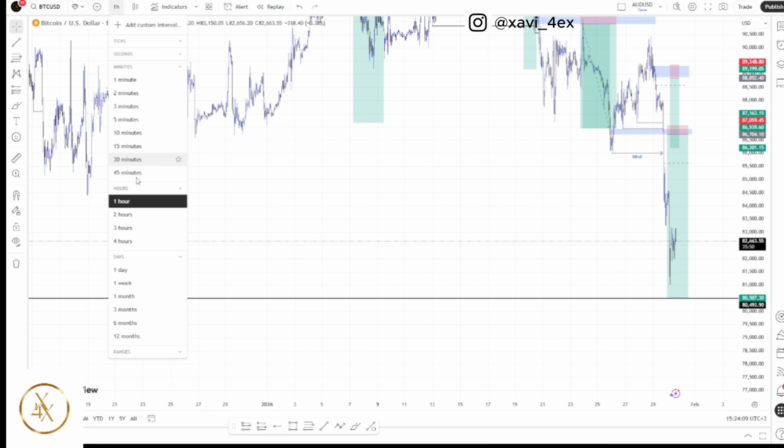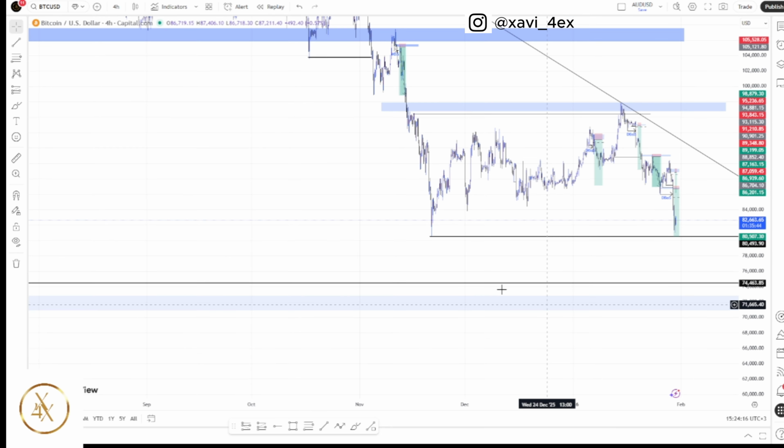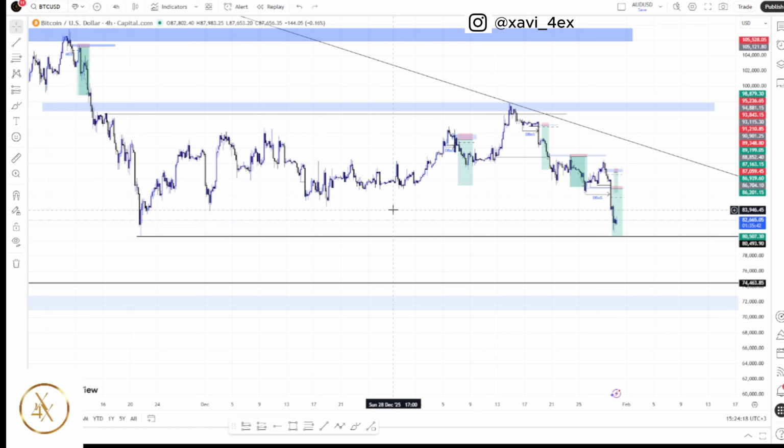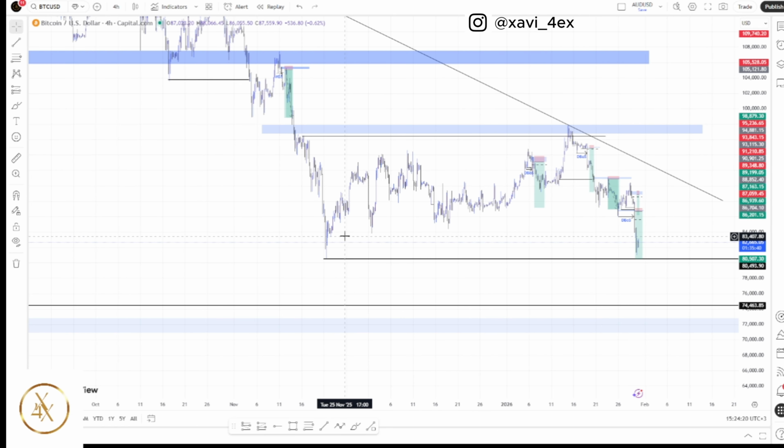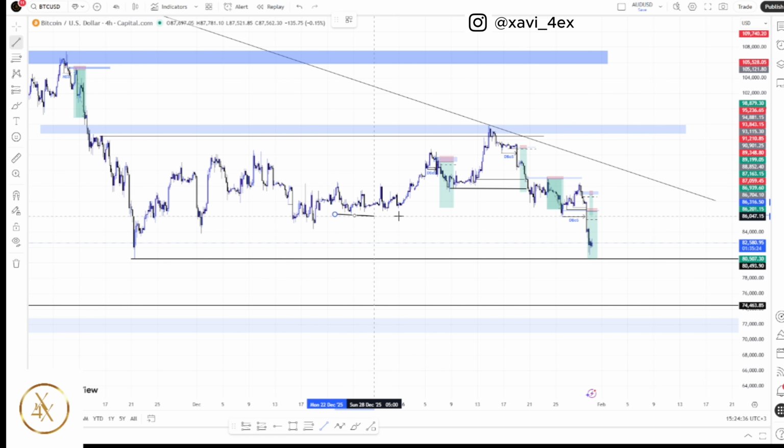So once you zoom out like this, let me use the 4 hour for more clarity. Once you zoom out, price has taken out all the liquidity that was created here. This was liquidity. All this was liquidity here. All this was liquidity taken out.